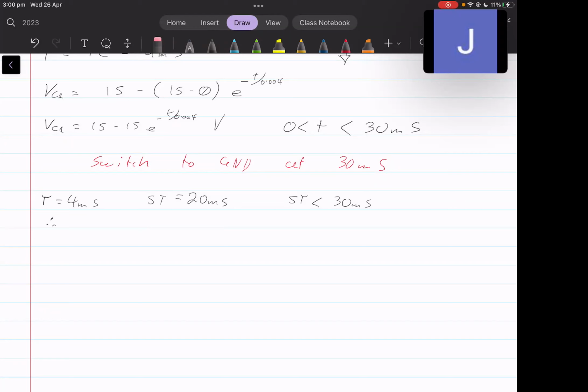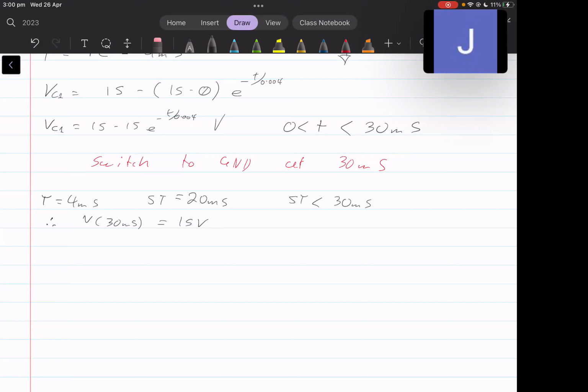If you wanted to actually calculate this, we can use the formula we had before.